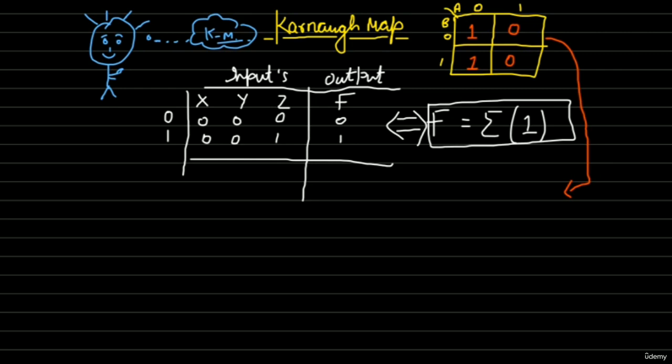So let's first write the equation for that. Equation? Yes, exactly, the equation. So let's make a table. Let's make this table again so that I can explain things in great detail.